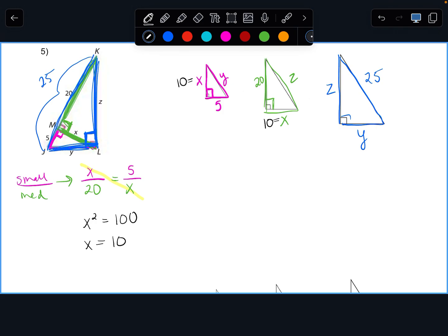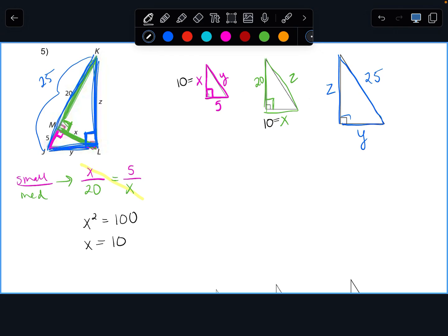So then it's like, okay, what do I want to solve for next? Like, can I get Y now, or can I get Z? You know what I mean? So for this one, if you look at the small and the big, I think you could do those first.